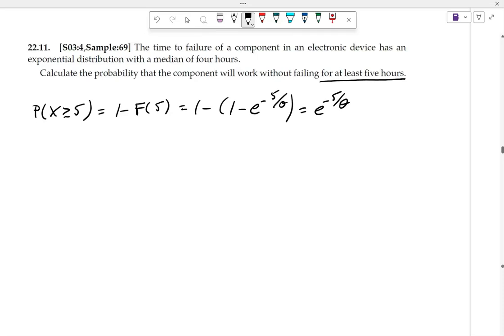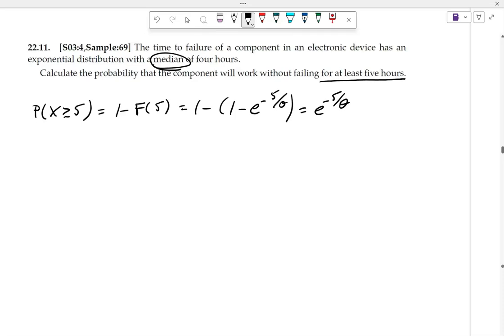Is the theta 4? No. What would it have to say for the theta to be 4? Mean, not median, right? We agree? Okay. So median is a percentile idea, right?